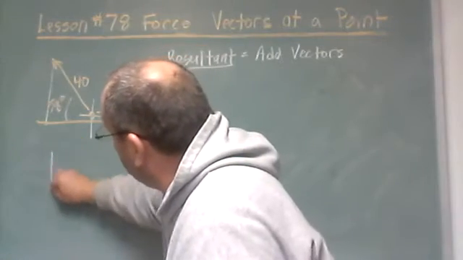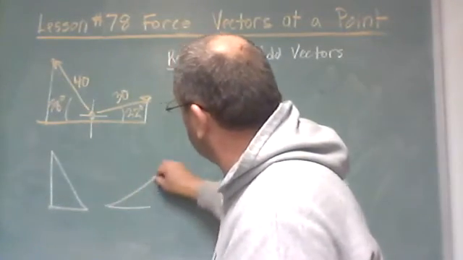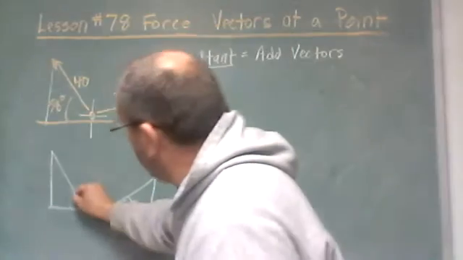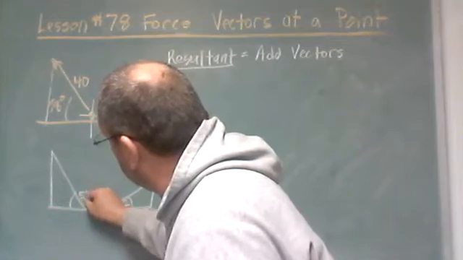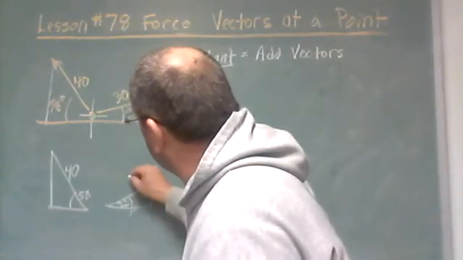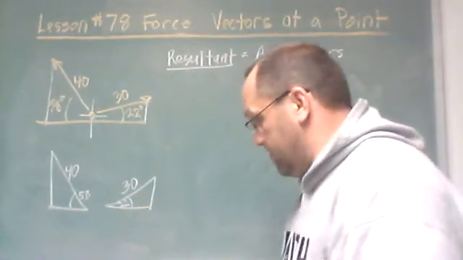Okay, we have two triangles here. Angle 22 and angle 58, and we have hypotenuse lengths 30 and 40.